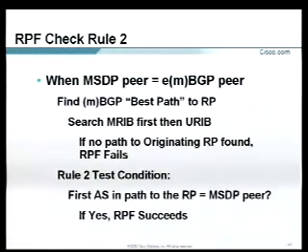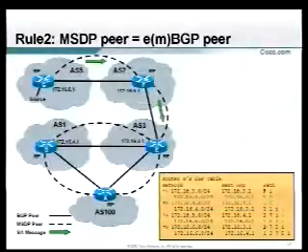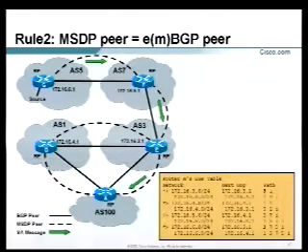Instead of the advertiser of the next hop back towards the originating RP, now we're looking at the next AS in the best path back towards the originating RP. So it's not quite as rigid. You don't have to be so concerned about using the same IP address. It just has to be the next AS in the best path back towards the originating RP. Let's look at some examples to illustrate this to make it clear.